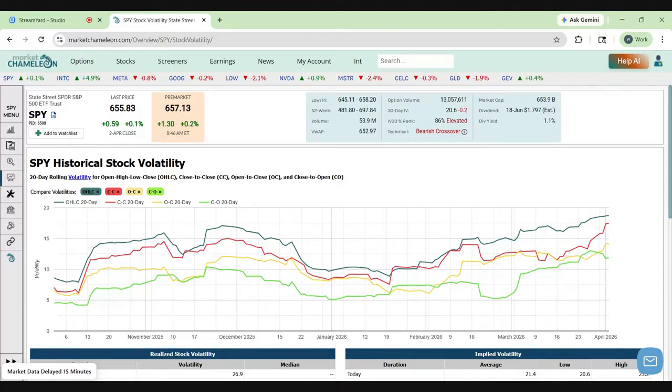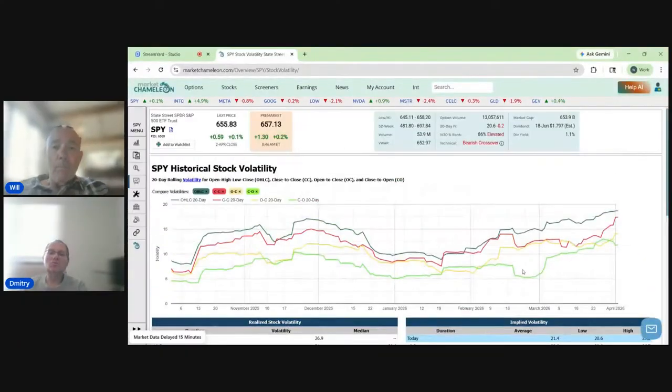Is it coming from the day's volatility to the high and the low range of the day, or just the close to close? All of these are now starting to move up. So we're seeing volatility increasing in all those different perspectives or aspects of the trading reference prices. So Will, I'm going to stop right there and throw it back to you. But I think that covers all those 4 points.